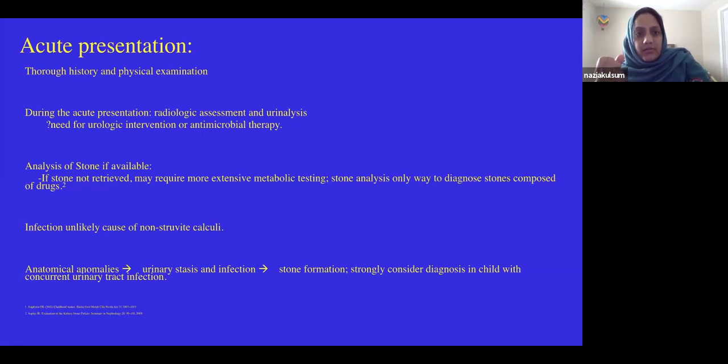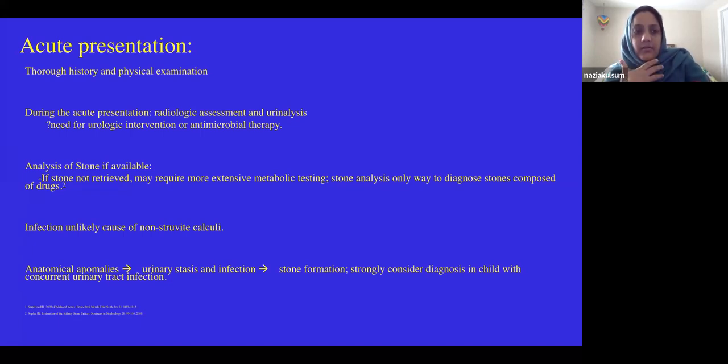Once you have all this, during an acute presentation, the focus is mainly on the patient. Once the acute presentation has resolved, then you will focus your attention on the stone evaluation. If you're able to retrieve the stone, send it for stone testing. If you're not able to retrieve the stone and the stone is lost, then you may have to do a 24-hour urine collection that we'll talk about. And this has to be done after the acute presentation.